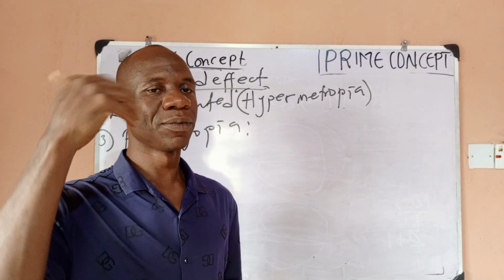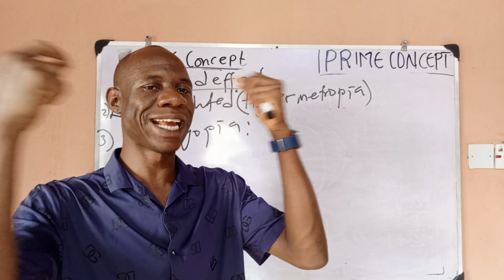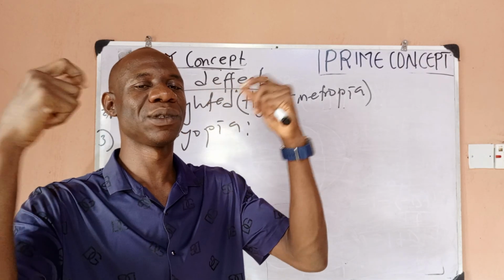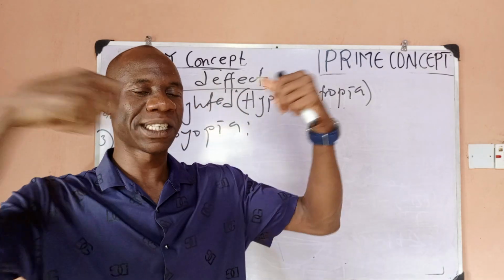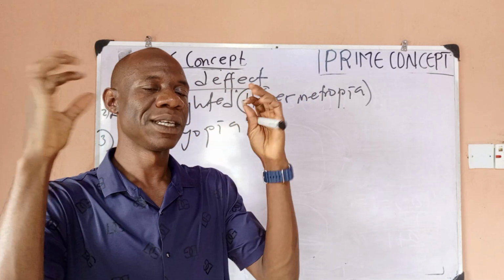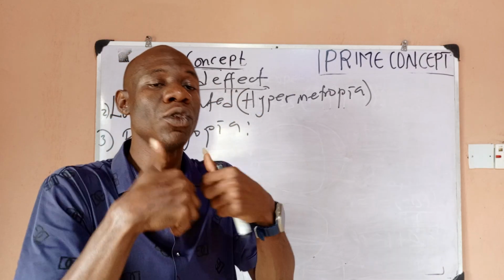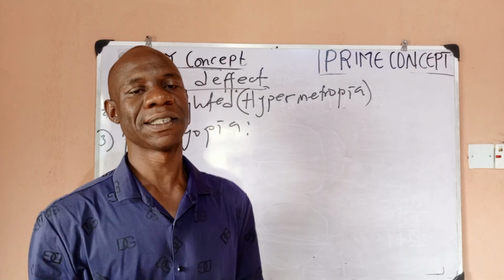So when people get old, the ciliary muscle becomes weak. It's no longer elastic, because the ciliary muscle is elastic in nature. It can expand, it can contract. But with age, with time, the muscle becomes weak. It can no longer expand freely. It loses its elasticity, right?